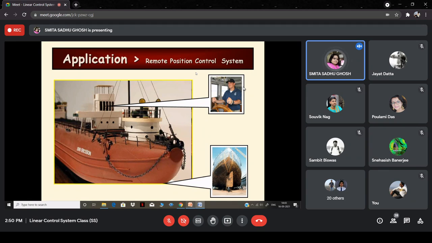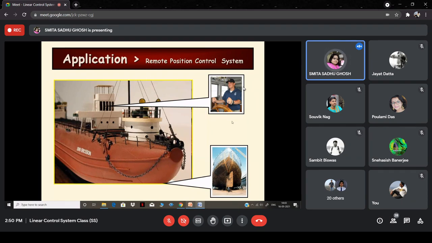So there will be a person sitting within the control room and dialing in a command. Dialing in means that they will be setting that, okay, my theta r reference command is such and such degrees, it is 10 degrees. So they will be using something like this. This is of course a primitive version that's shown just for your understanding.